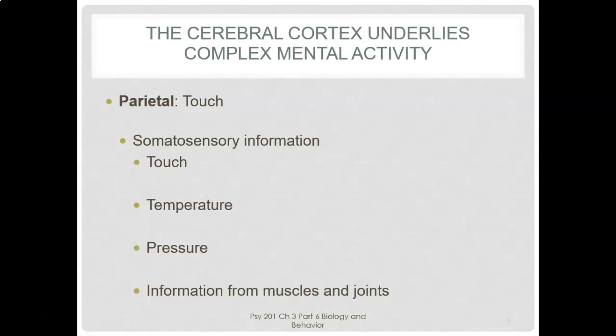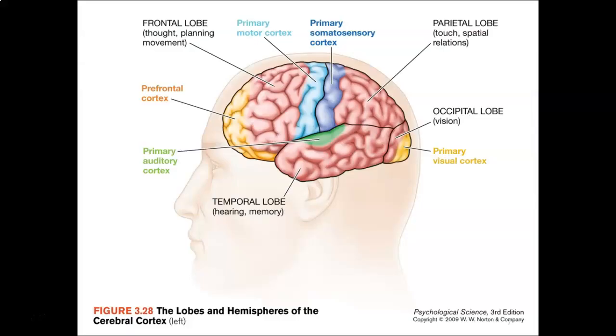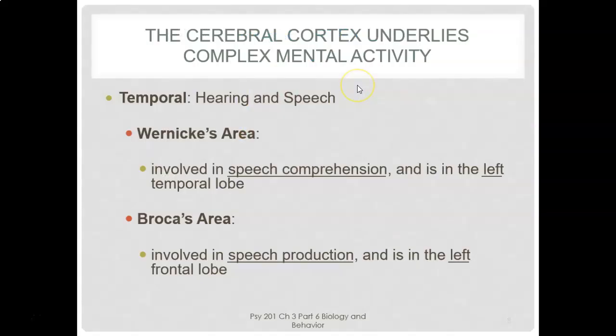Is something touching your skin? How much pressure is it putting on? What's the temperature? Are you comfortable in the room that you're in? It's also sending information from your body's muscles and joints. So we've got the parietal lobe right here.